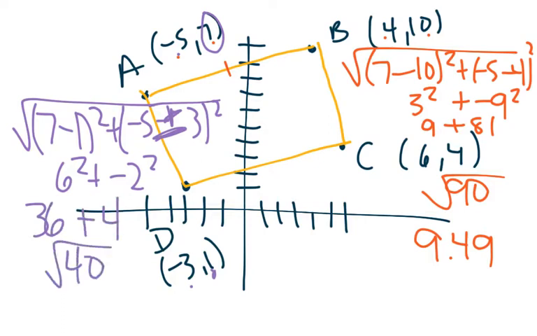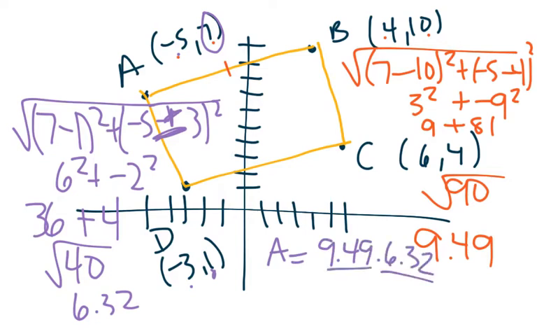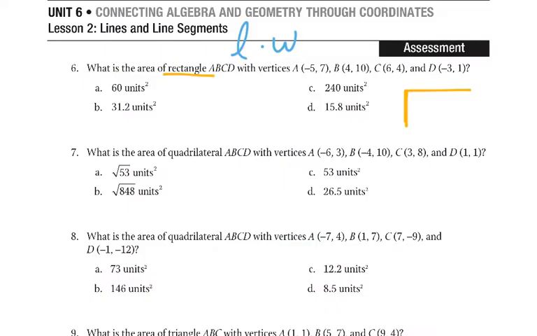So the square root of 40, which is about 6.32. So since it's area, we just go 9.49 times 6.32, and we get about 59.97. Okay? So 59.97, we just round up to 60.